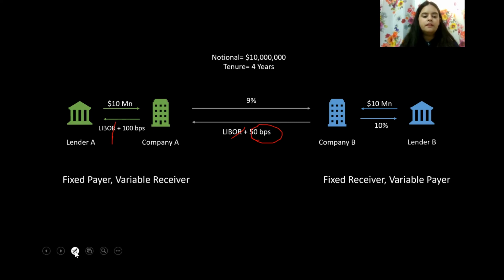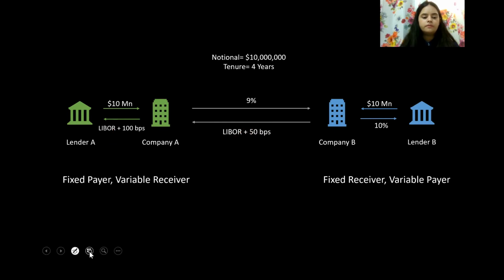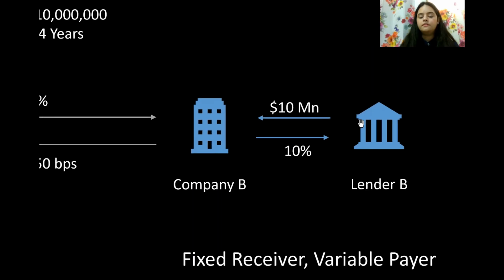Looking at company B now. Company B is paying 10%, and it is expecting the interest rates to fall. So it will very much be inclined to pay LIBOR or any such rate that fluctuates with the market, because it will also fall, and thus it will end up paying a lower interest rate.